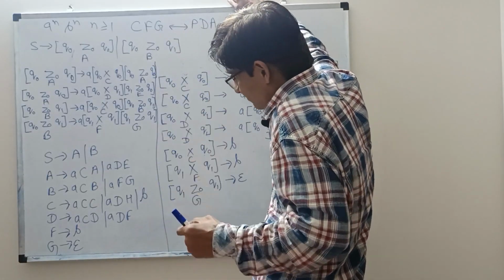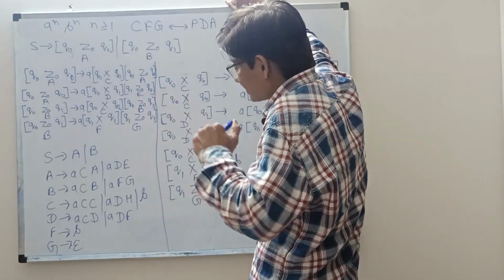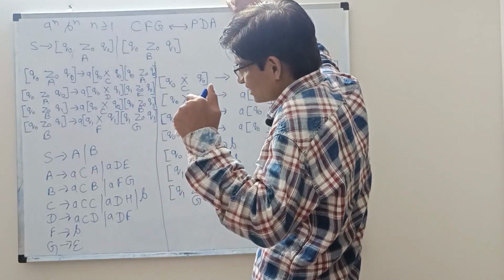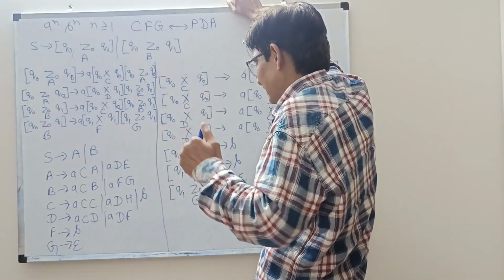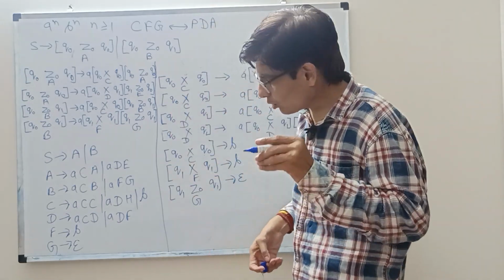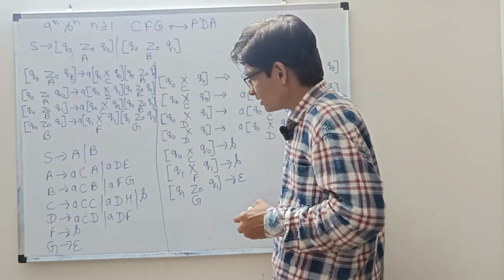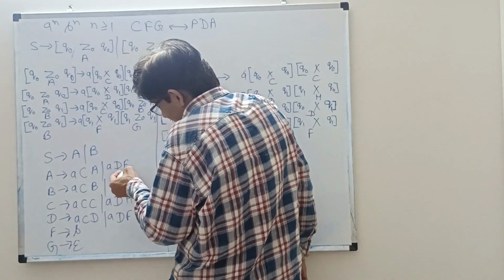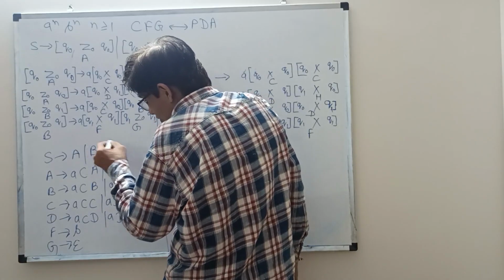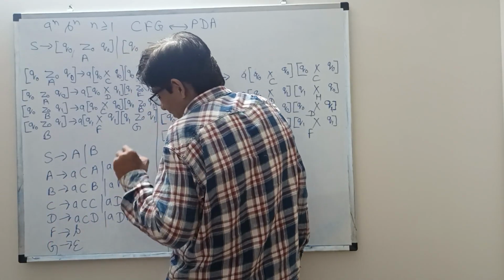Now, if any variable you can see on the right hand side only, but it is not appearing on the left hand side, then you can simply consider this variable as a useless variable, and you can remove all productions of that particular variable. So here you can see, my friend, E and H, two variables we have, which are not appearing on the left hand side of any production.